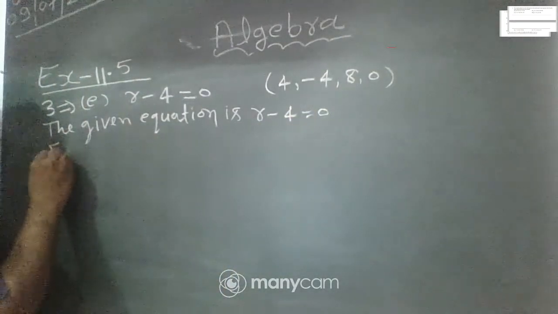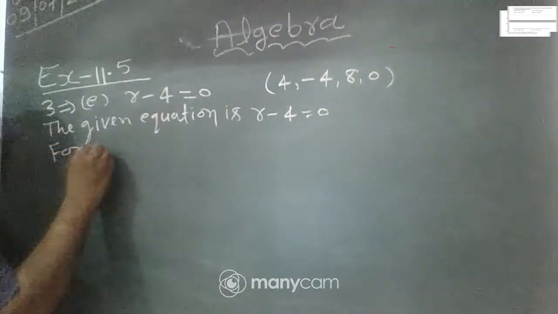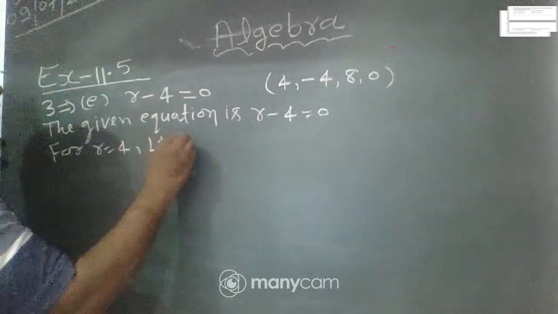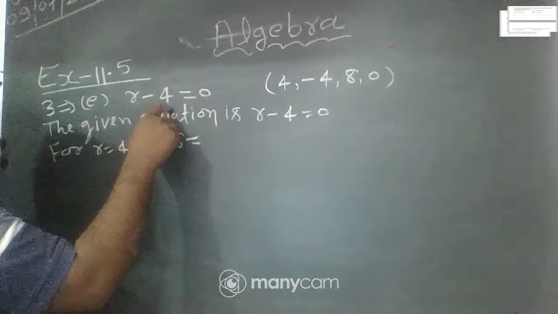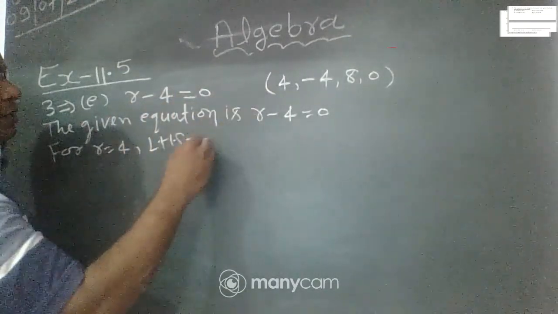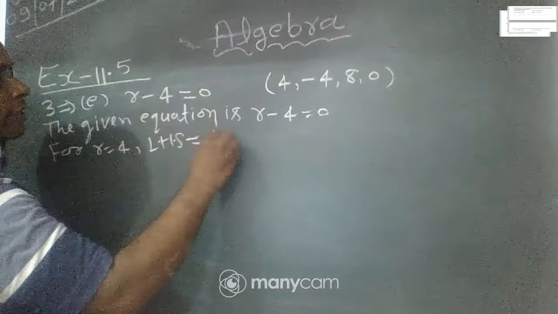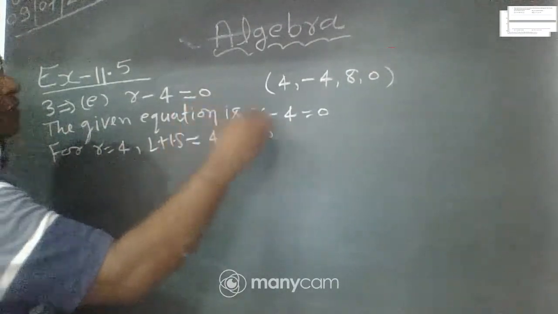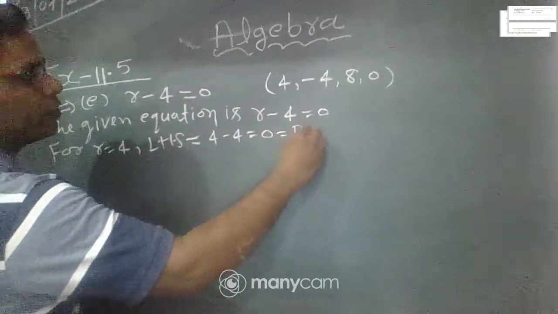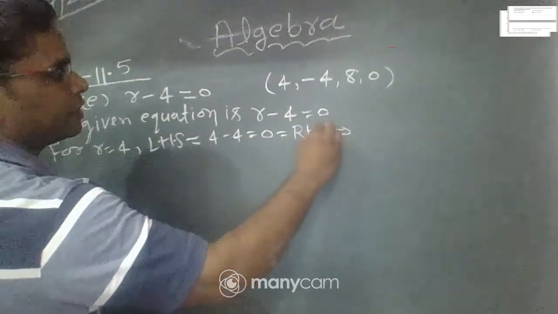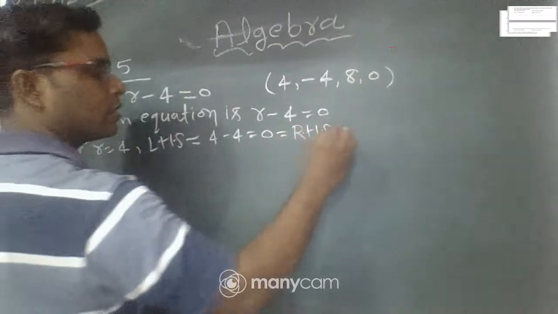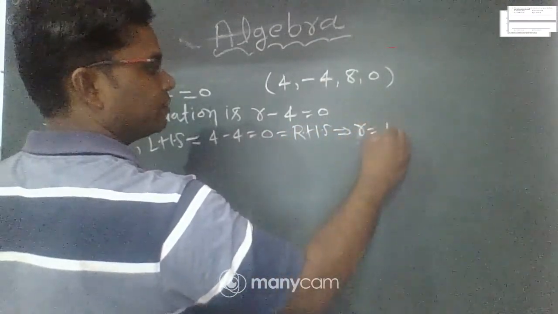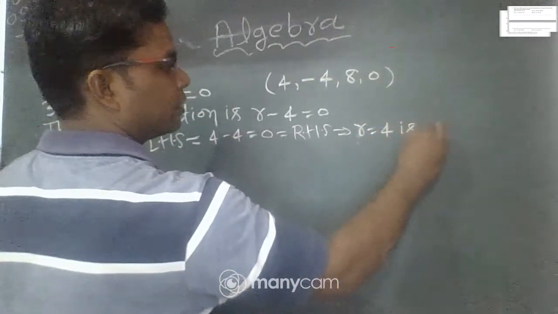So we put r is equal to 4. The given equation is r minus 4 is equal to 0. For r is equal to 4, r minus 4 is the left hand side, and we put the value of r as 4. So 4 minus 4 is equal to 0. This is the left hand side and this is the right hand side. So this is equal to the right hand side. So this implies that r is equal to 4 is a solution.